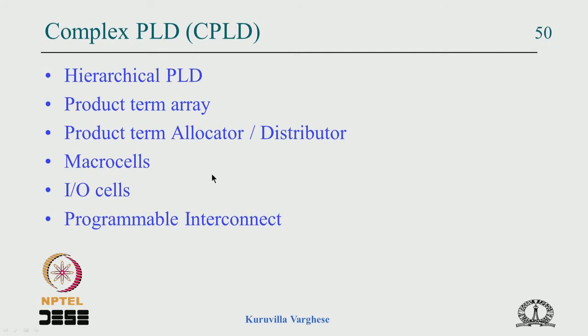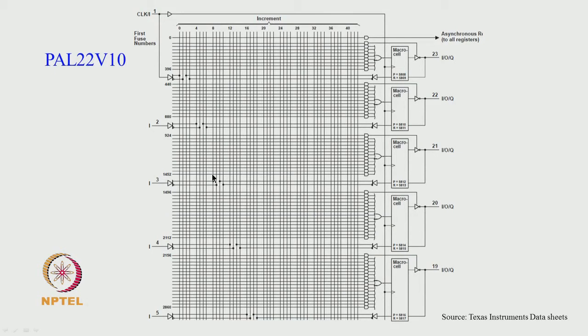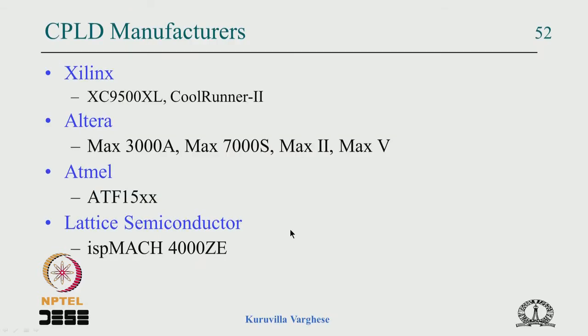Okay. So essentially it means the 22V10 like sections are replicated. Okay. So we have seen the manufacturers, Xilinx has XC9500 and CoolRunner, Altera has Max 3000 and 7000, Max 2 and 5, Atmel has ATF15, Lattice has ISP MACH and things like that.